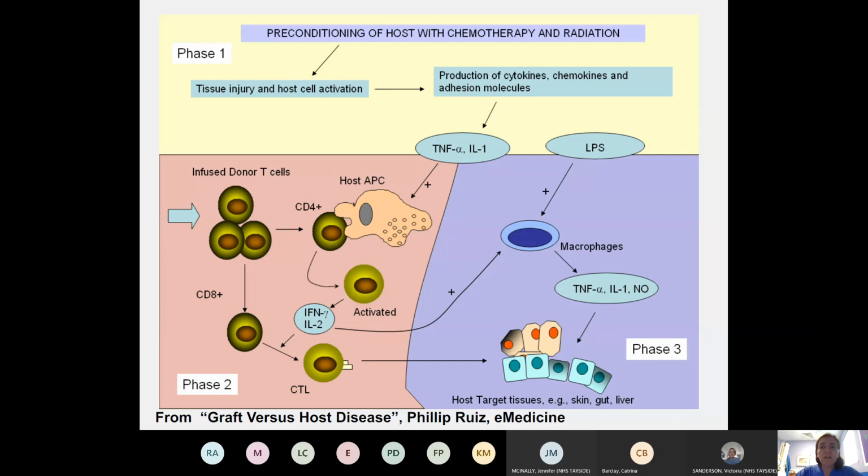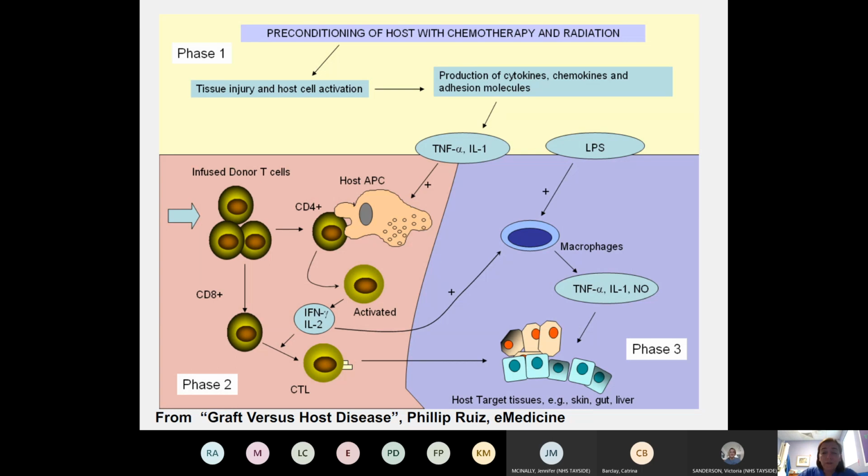So there will be damaged gut cells, and remember, damaged cells will be pounced upon by antigen presenting cells, and those could be tissue in origin, or they could be circulating macrophages that are around even after conditioning.